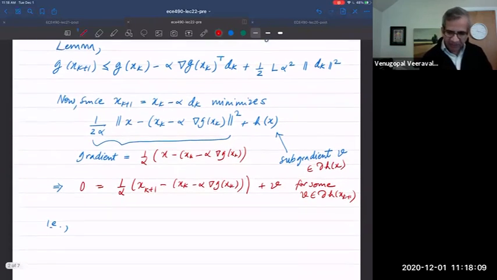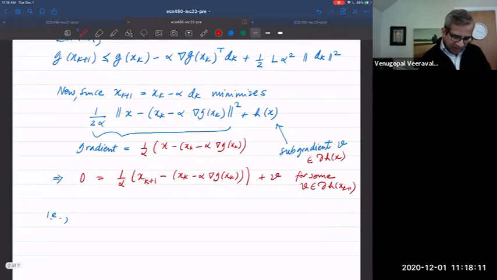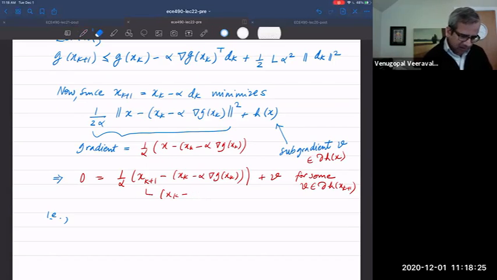Okay, so let's simplify this. So xk plus 1 is basically xk minus alpha times dk. That's how we wrote it.